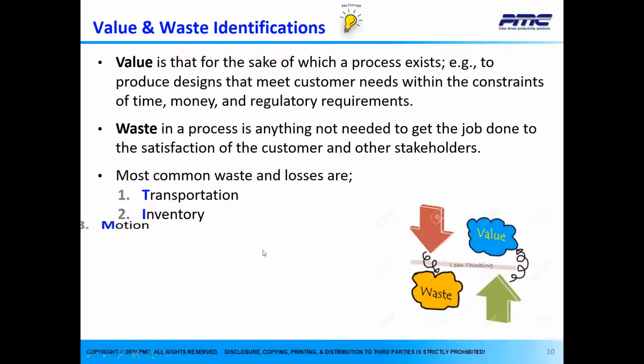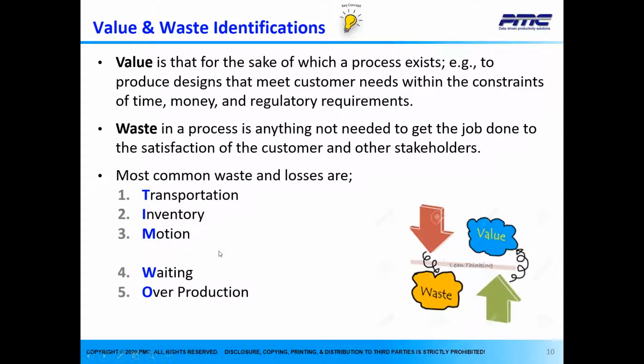Third one is motion. Motion is when someone is bending, turning, reaching, and lifting anything related to the operations. Fourth one is called waiting. Waiting for parts, information, instructions, equipment could be categorized under waiting.